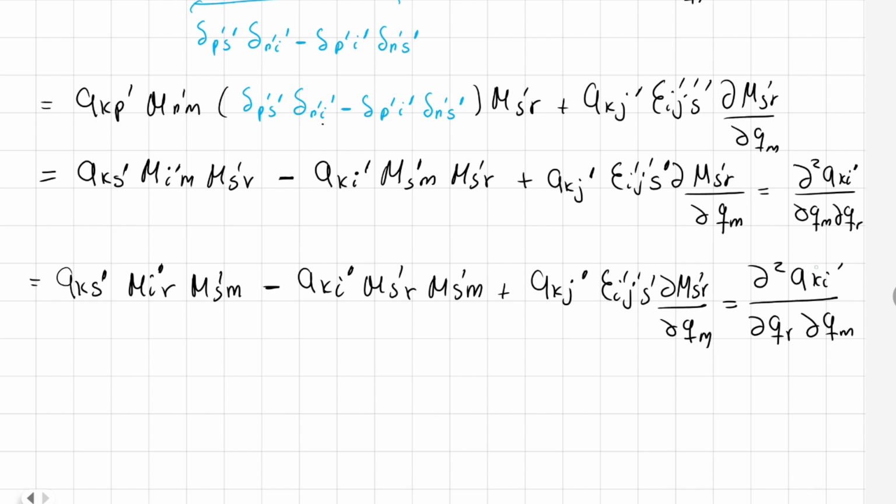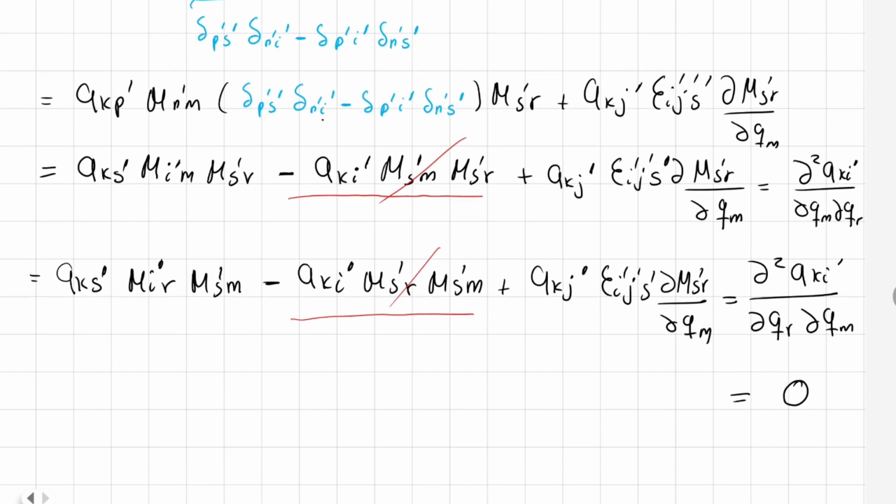So the derivatives commute, and this minus this is going to be equal to 0. If we subtract this quantity from this quantity, first of all, we see that this term minus this term is equal to 0, so they cancel each other.